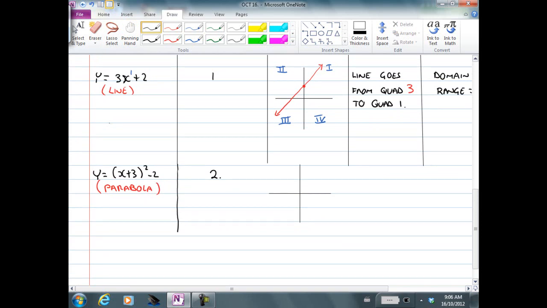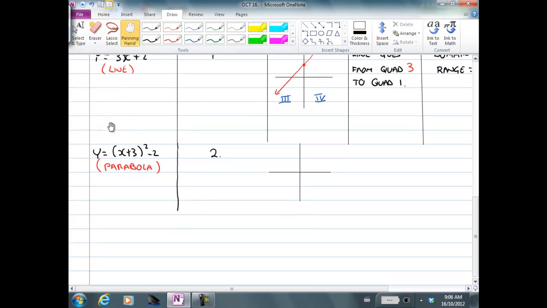Now, here's what we're going to do. I'm not sure if you remember this or if you did this in grade 11, but I'm pretty sure you did. See, this is called a parabola. A parabola has this shape, and you're going to need to know the vertex. The vertex of this parabola, I'm not going to teach you how to do this yet, but I'm going to tell you right now, is going to be (-3, -2).